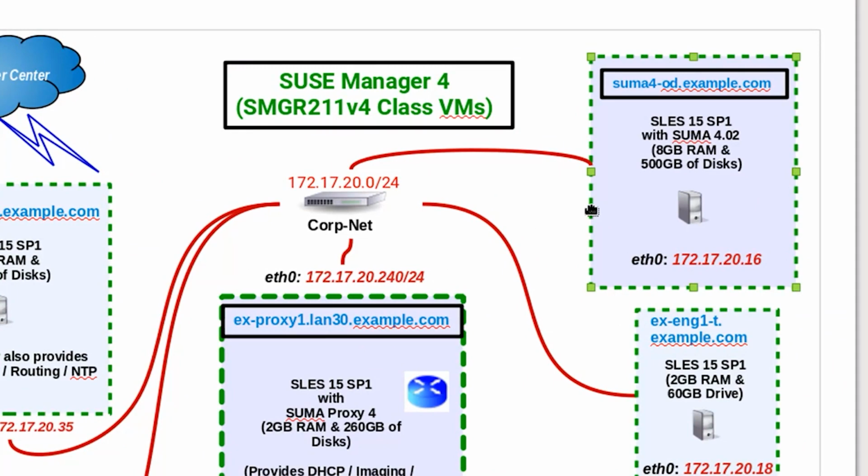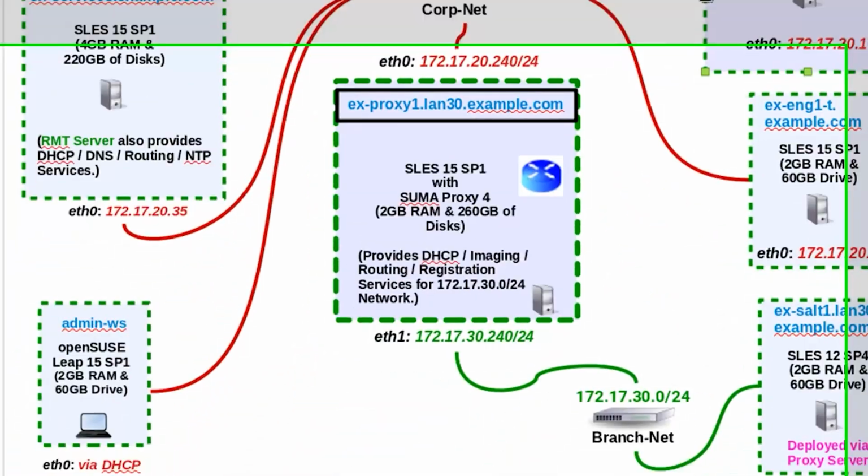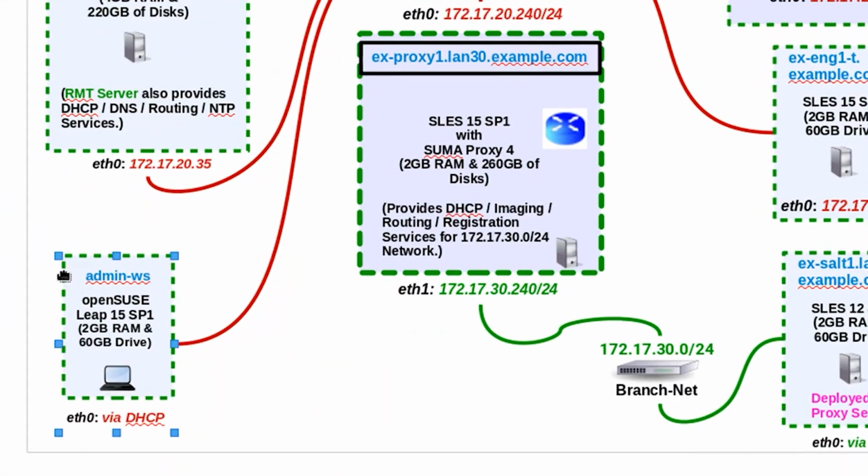The SUMA proxy server will ultimately be registered with this SUMA server as a SALT minion running the SUMA proxy services. The admin-ws VM is an OpenSUSE Leap 15 SP1 workstation used as the SUMA administrator's workstation.